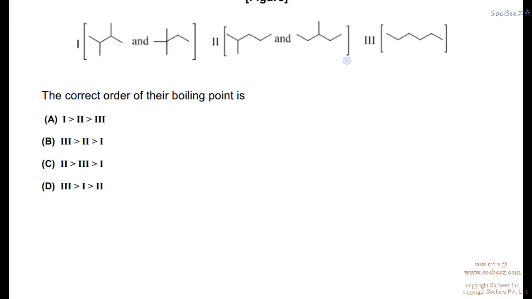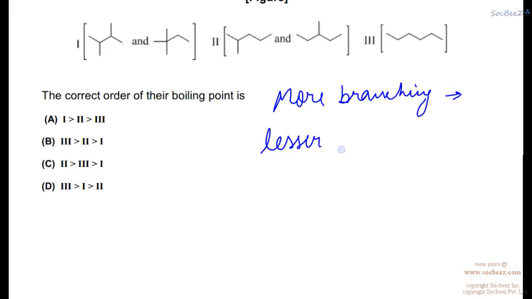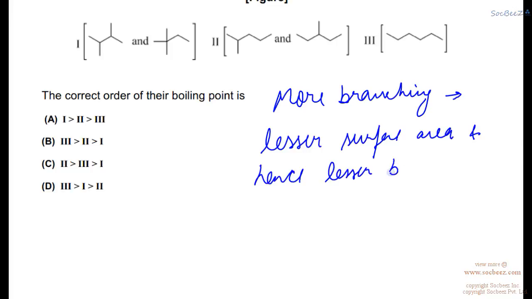here in this case, since more the branching in an alkane, lesser will be the surface area and hence lesser will be the boiling point.